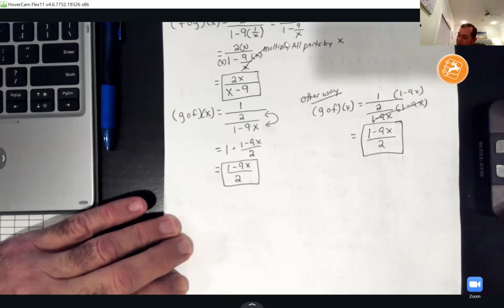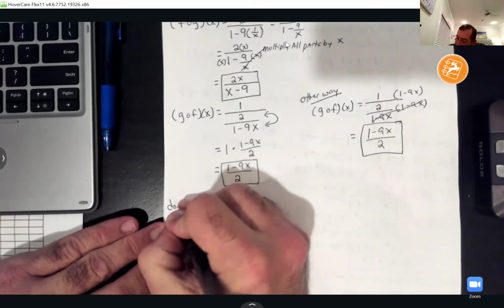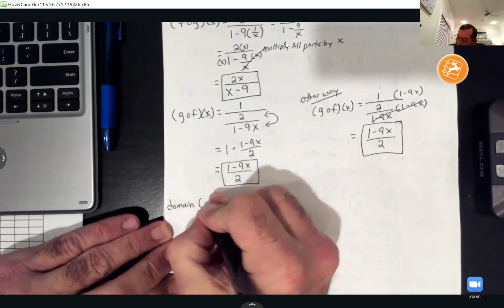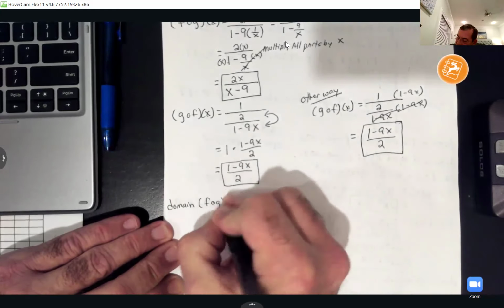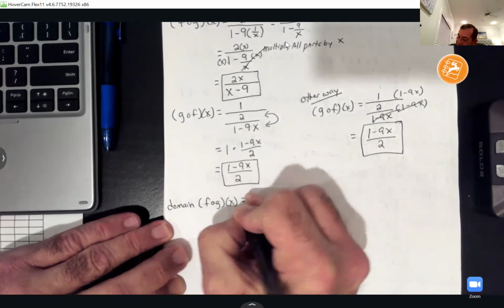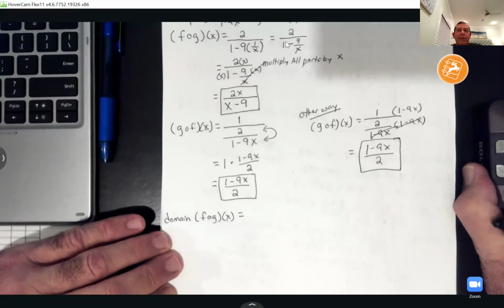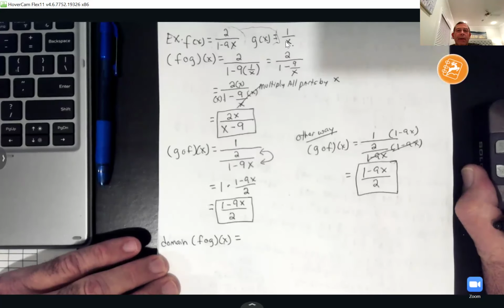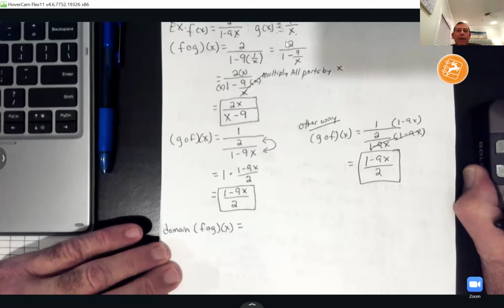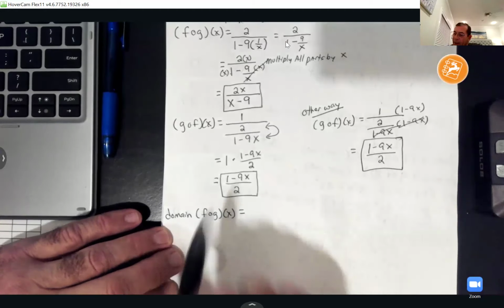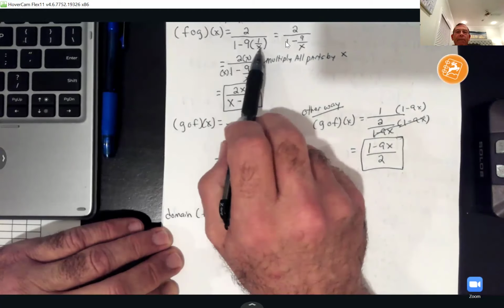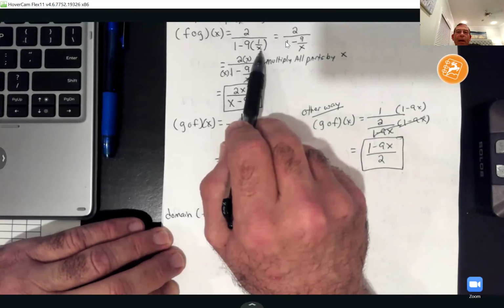All right, y'all, so let's play some domain. The domain of f composed g of x. Let me pull that down where y'all can see that top a little bit better. Okay, I started doing f of g right here. So here's f of g. Well, you got a fraction right here, 1 over x.